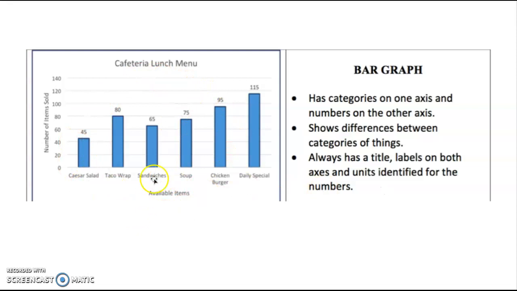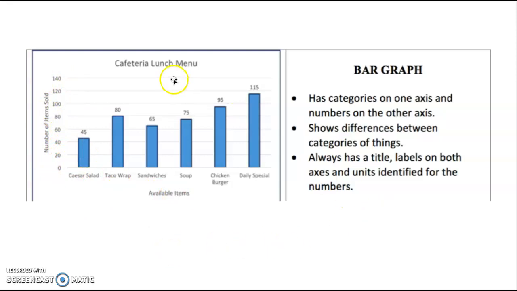In this example, it's a cafeteria lunch menu, and the categories are the available items. Most specifically, this is telling us the sales of the different items on the cafeteria menu.